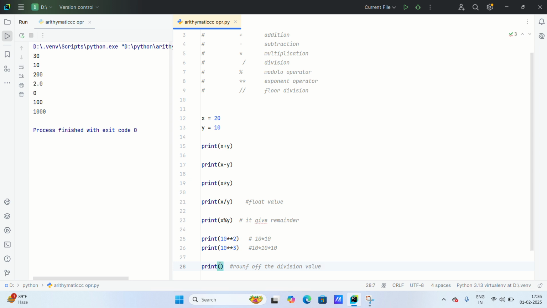If I divide 10 by 3, it should give the answer like 3.3333, but it will not give 3.3333. It will give the answer as only 3, because it will round off the value. As you can see, it has given the value 3. So this was all about my arithmetic operators.